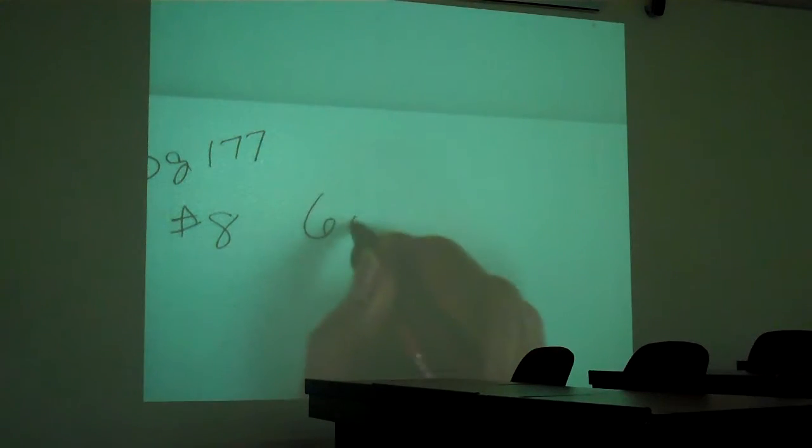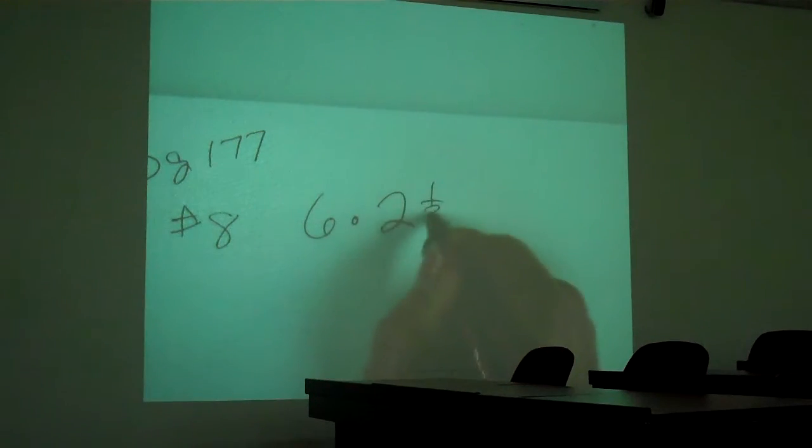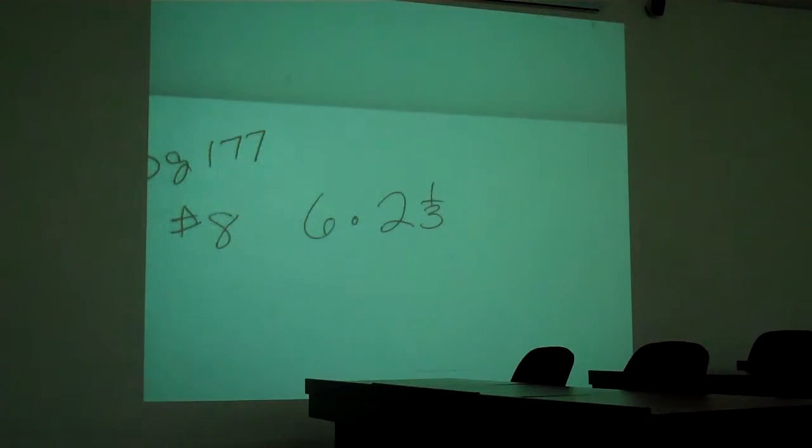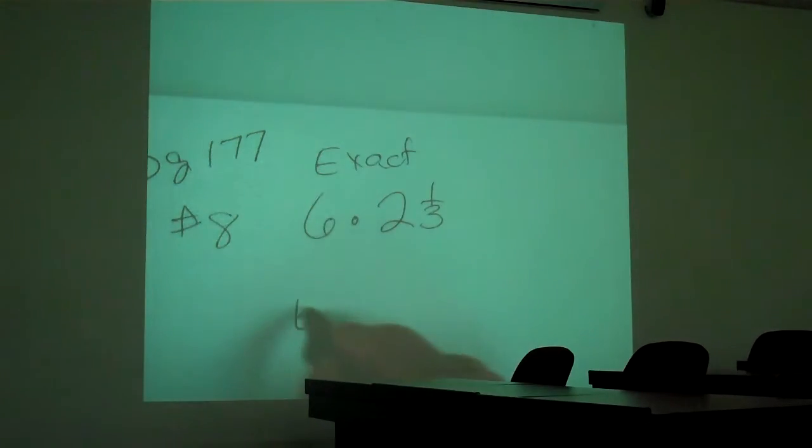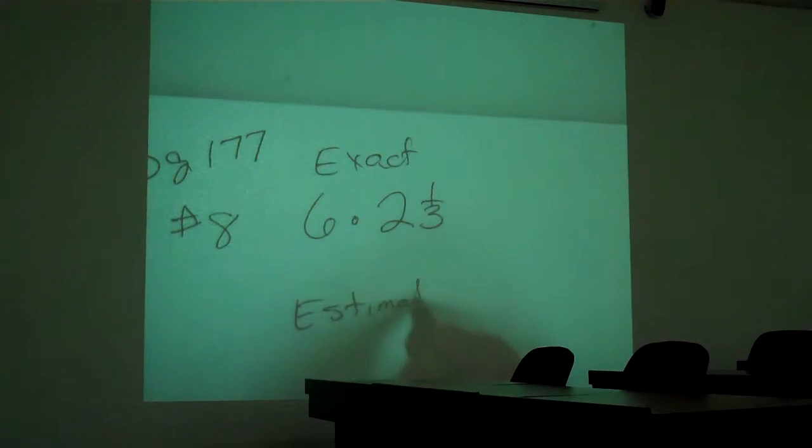It says 6 times 2 1/3. They want exact and they want estimate. Okay. It didn't tell you exactly how to do the estimate, so I would go to the nearest whole number.